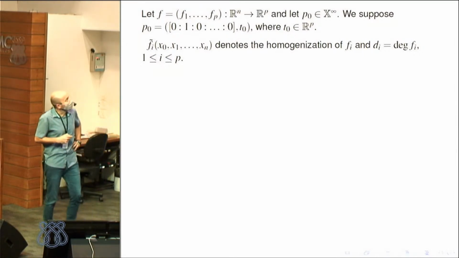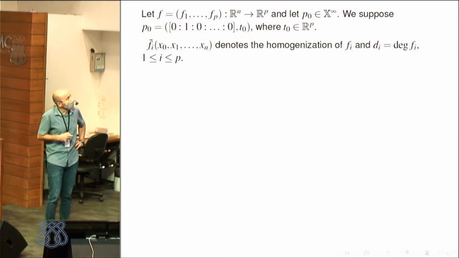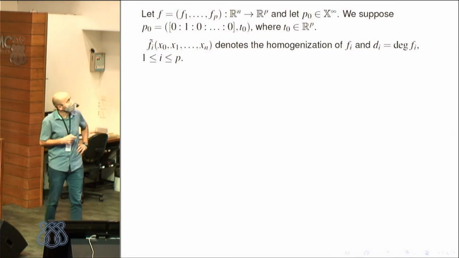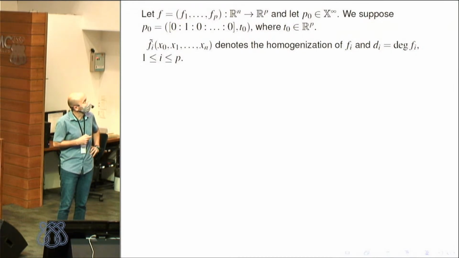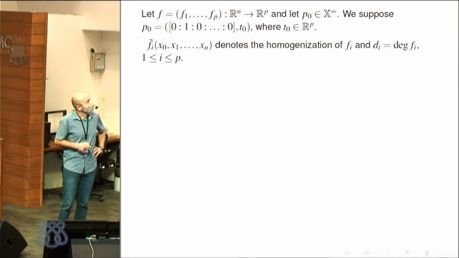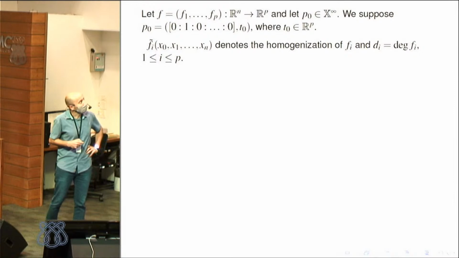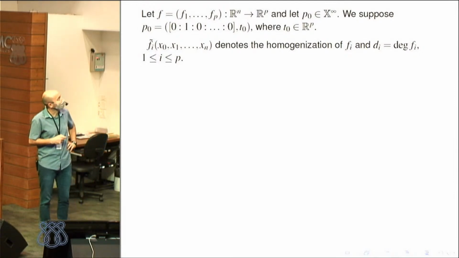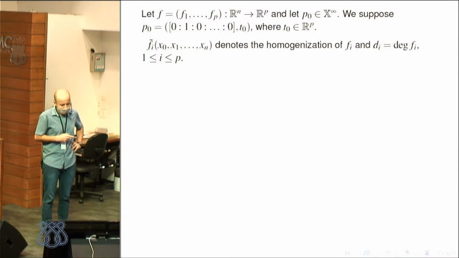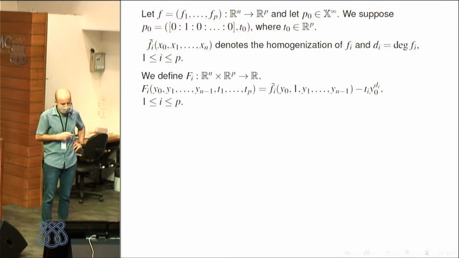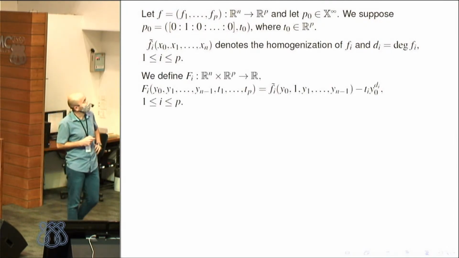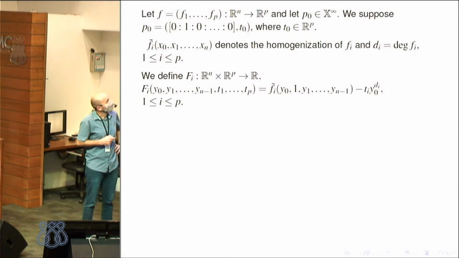Then you consider the homogenization of Fi. Fi is just the coordinate function of f, and di is the degree of Fi for each i. Then you define Fi from Rn to Rp as follows.